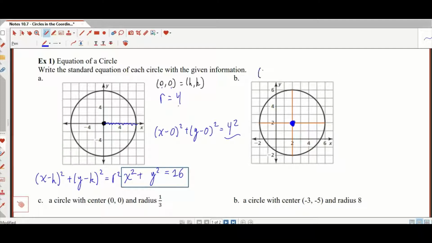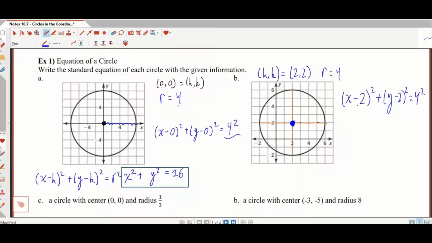Which means that in this case, (h, k) looks like (2, 2). That's where the center is. And the radius is 1, 2, 3, 4. 4 again. Which means my equation is going to be (x − 2)² + (y − 2)² = 4².